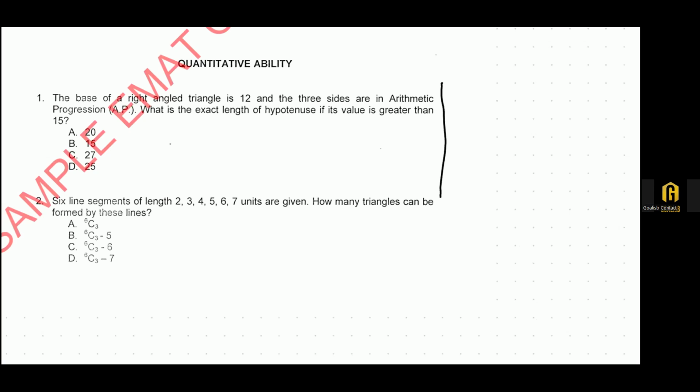So try to draw a right triangle ABC. The question says the base is 12 units. The sides are in arithmetic progression. So what is the exact length of the hypotenuse if its value is greater than 15? So AC is the hypotenuse, it is greater than 15.